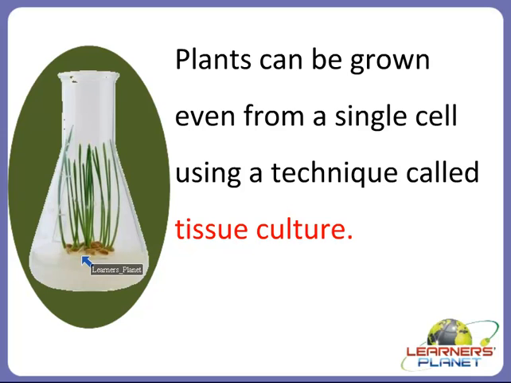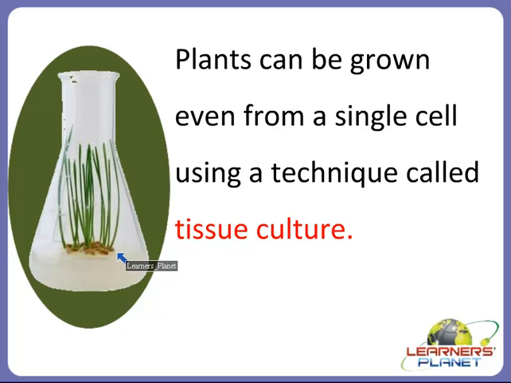So a large number of plants can be grown even from a single cell using a technique called tissue culture. But we have to make sure that they are provided with all the factors required for the germination of a plant from a seed into a new plant.